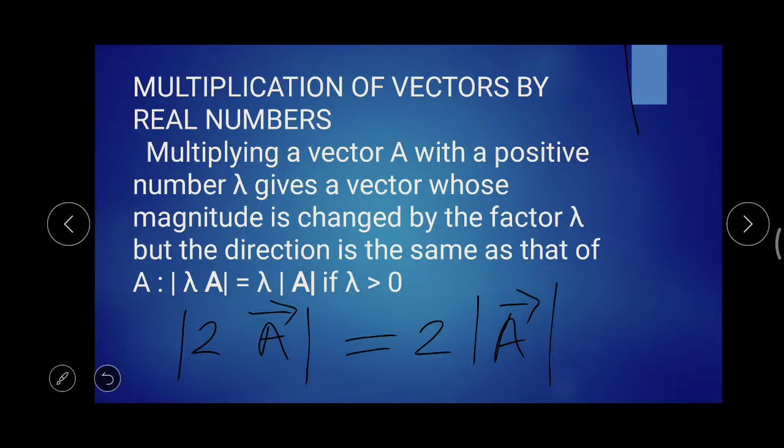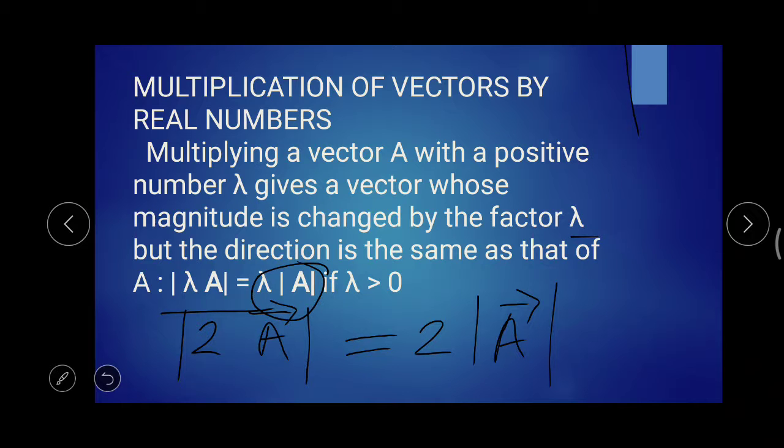As a general example, if the magnitude is changed by a factor lambda, that means if you are multiplying the vector with a real number lambda, then lambda a is equal to lambda times the vector a.